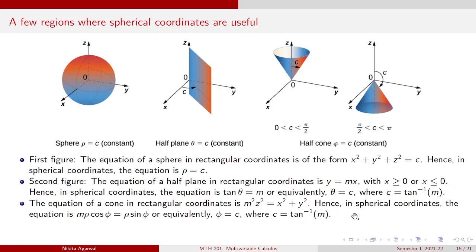So this is the equation of a cone. In the third figure you have a cone above the xy plane. Therefore this c, which is the angle phi, has to lie from 0 to pi by 2, and if it's below the xy plane then phi has to lie between pi by 2 and pi. This last part we have already discussed about phi. Okay, so let us stop here.